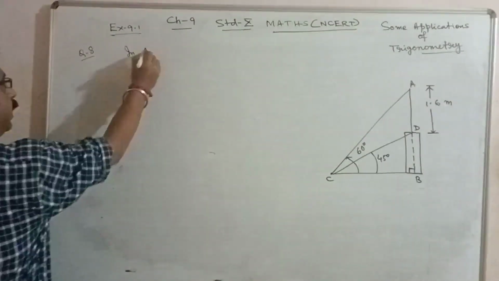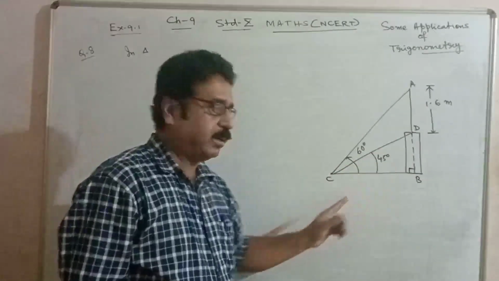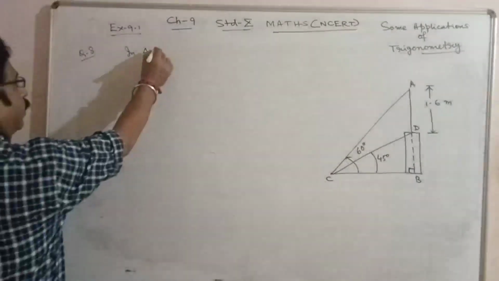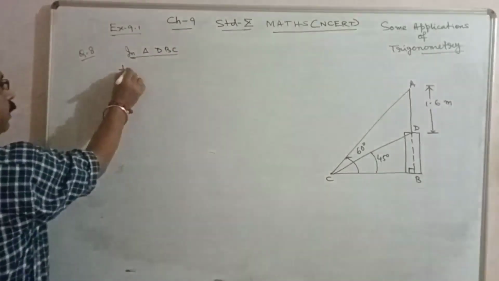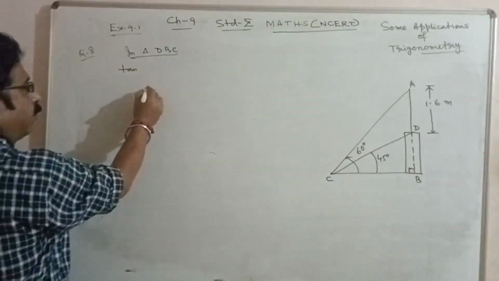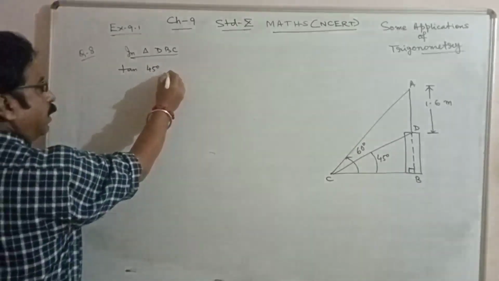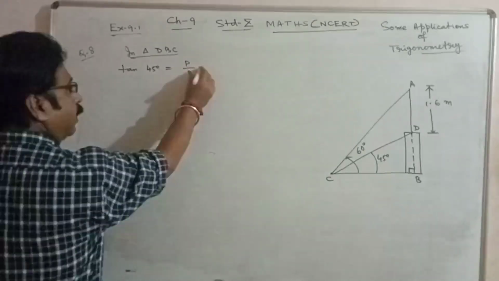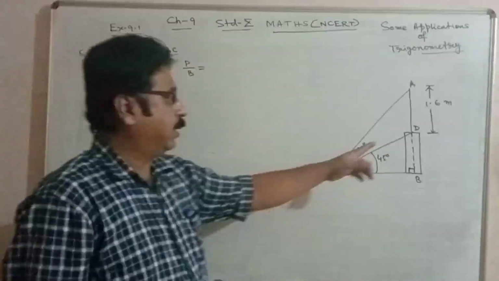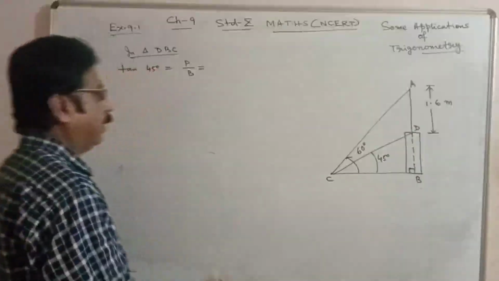In triangle DBC, tan 45 degree equals perpendicular upon base. For DBC, perpendicular is BD, base is BC.